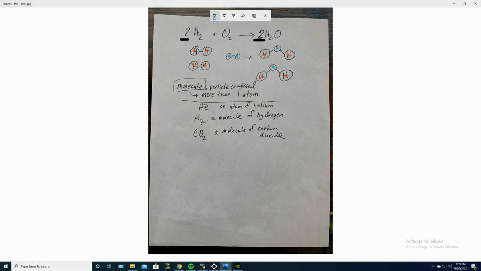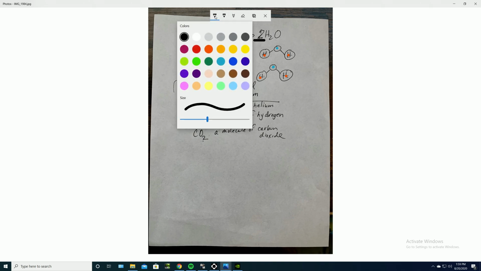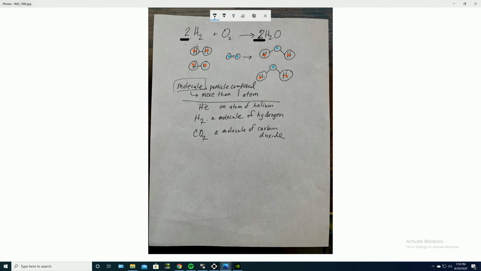So we can see here that because of these 2 coefficients out front, by changing the amount of hydrogen and oxygen we have, we can create the same amount of water on the other side. Another way of saying this is we have 4 hydrogens and 2 oxygens, right?